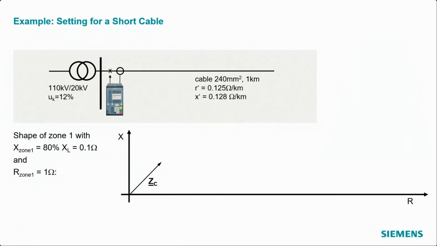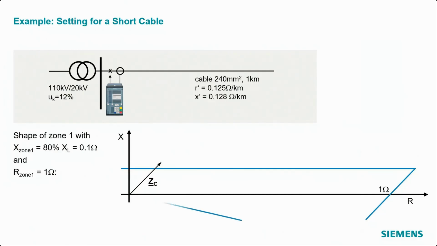And now the upper limit of the first zone is 80% of the cable reactance. So it's a bit lower than the end point of this cable impedance. And the resistive reach is 1 ohm, so it's somewhere here. So you see we get a pretty extreme shape of the first zone.